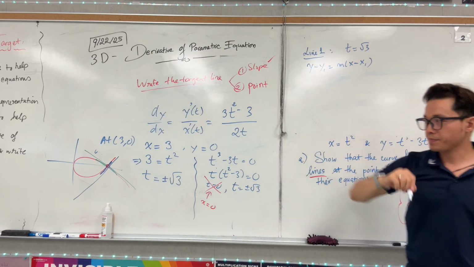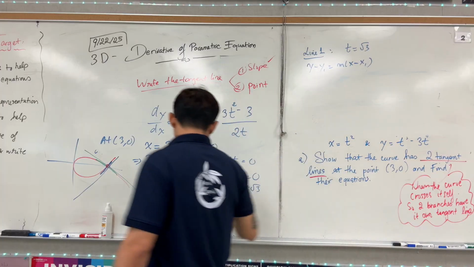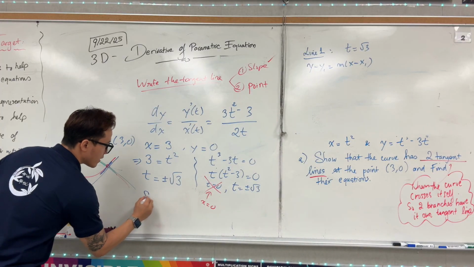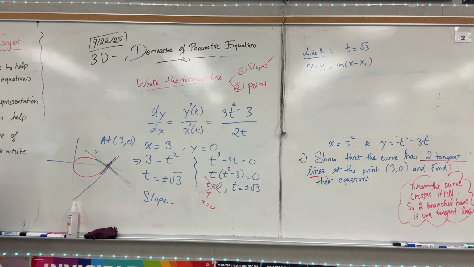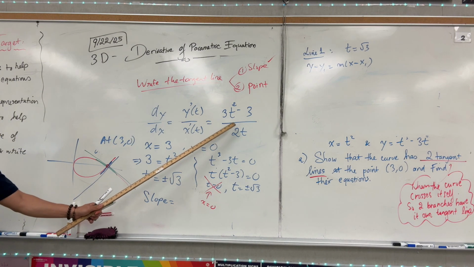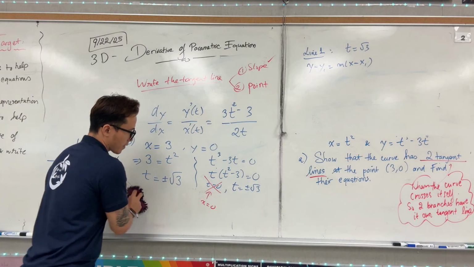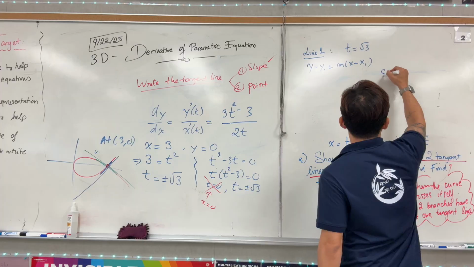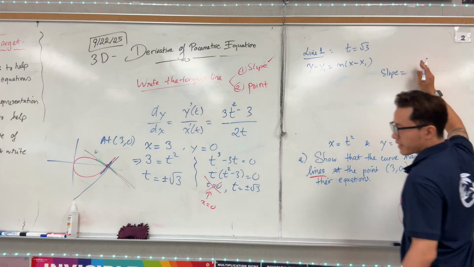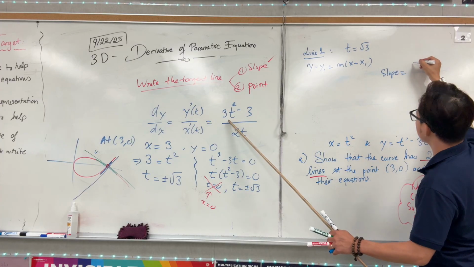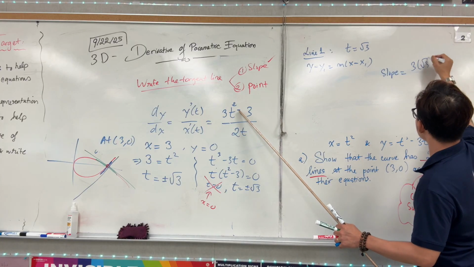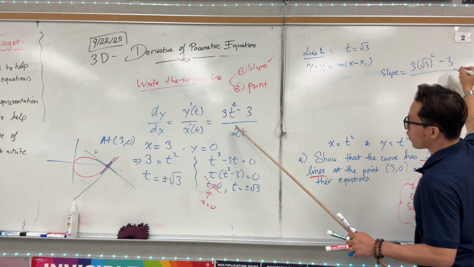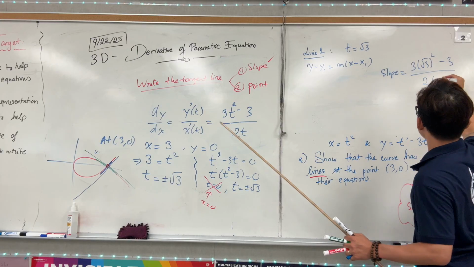What is the slope? Let's write the slope here. You're going to plug t into this one, right? The slope is 3t squared minus 3 over 2t. Plug in square root of 3 squared, minus 3 over 2 times square root of 3.